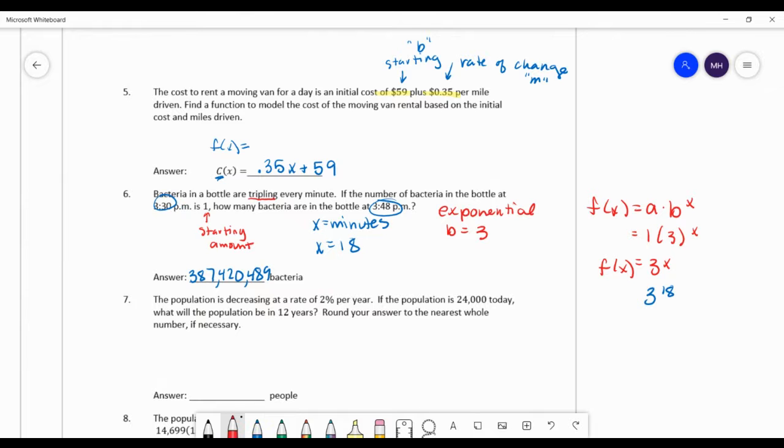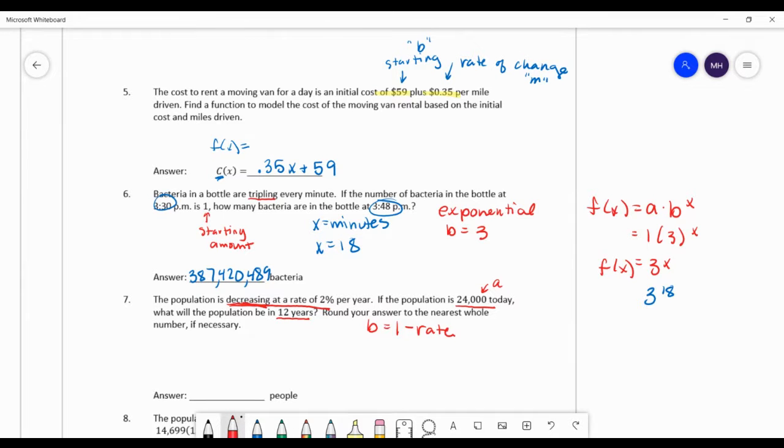All right, number 7, the population is decreasing at a rate of 2% per year. If the population is 24,000 today, that's our starting amount. What will the population be in 12 years? Okay, so for this, our B value is going to be 1 minus the rate.